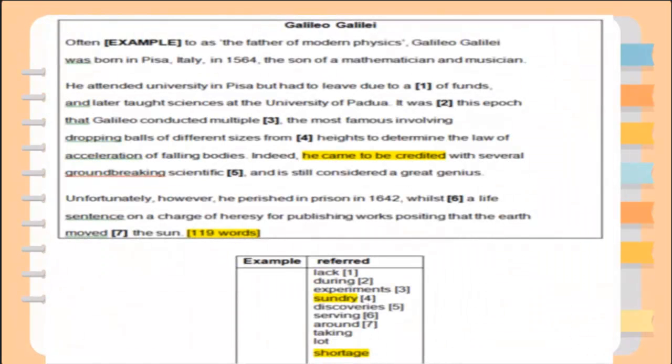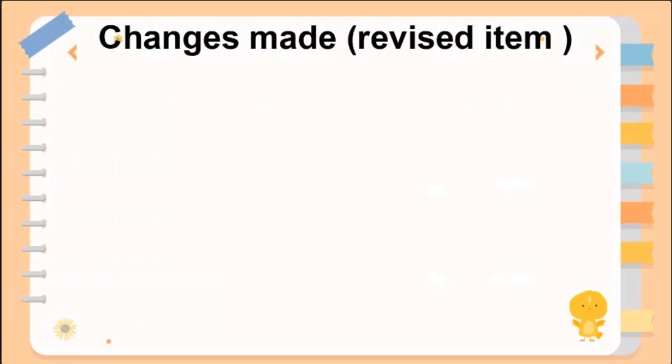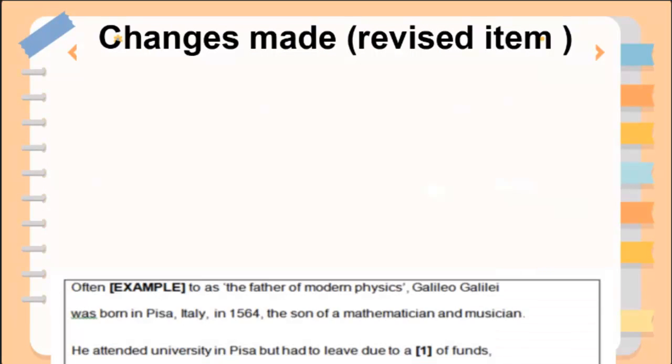Here we have two examples of a test from the British Council, about reading comprehension, where candidates have to choose the best answer for each blank. And these are the changes made from the revised item.